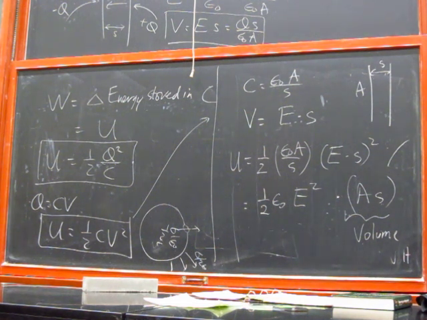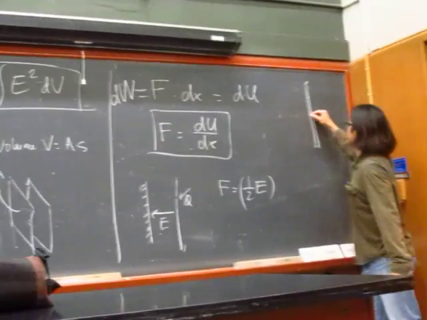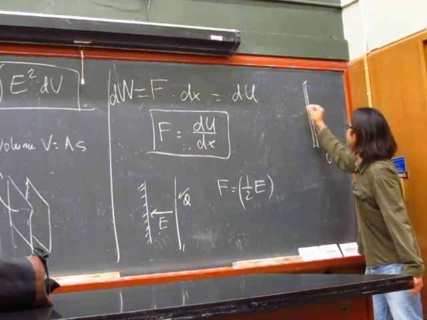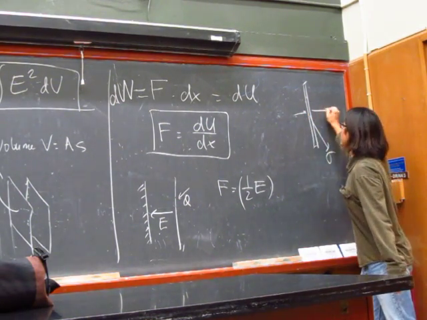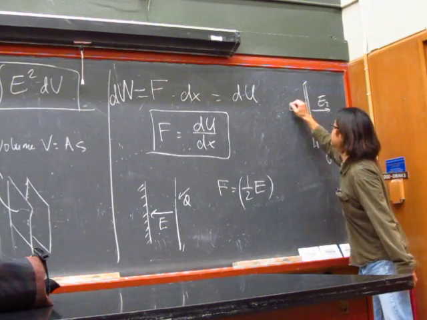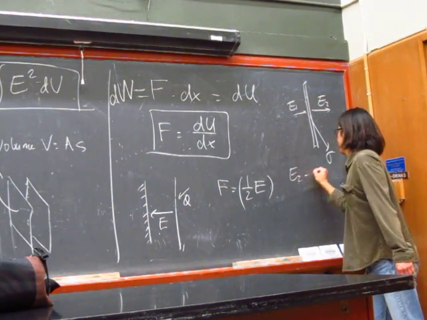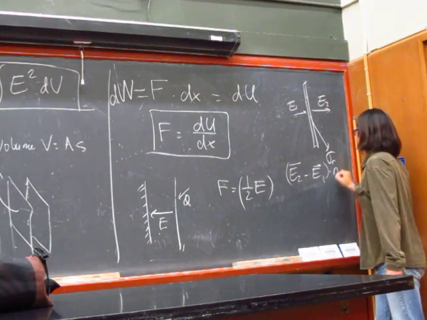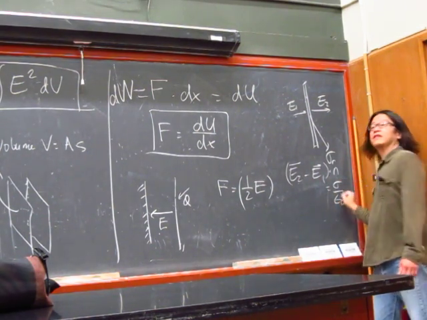If I have a parallel plate, or some slab, some surface with sigma in there, there is an electric field discontinuity. You know that E2 minus E1 in the normal direction is equal to sigma over epsilon naught.